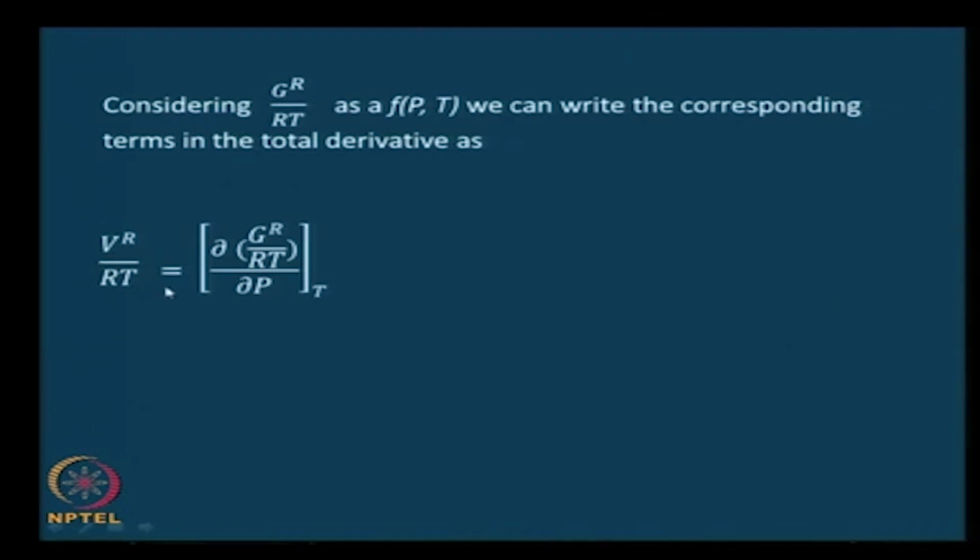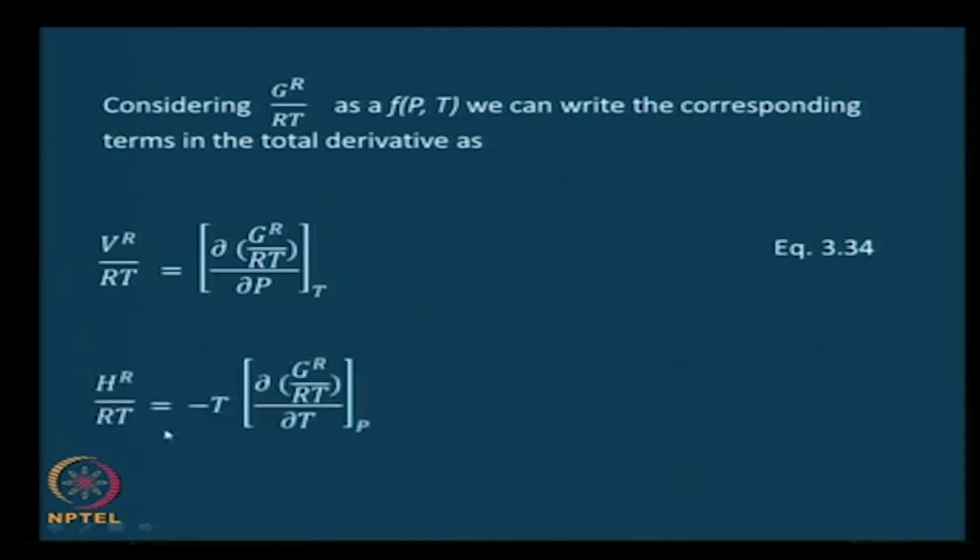VR by RT equals dou GR by RT by dou P at constant T. Let us call this equation 334, and HR by RT equals minus T dou GR by RT by dou T at constant P. Essentially this comes from just expressing the total derivative in terms of the partial derivatives for an exact differential and writing the partial derivatives as equivalent to the thermodynamic functions. The last equation, let us call that equation 335.